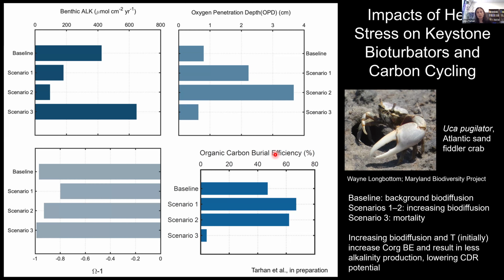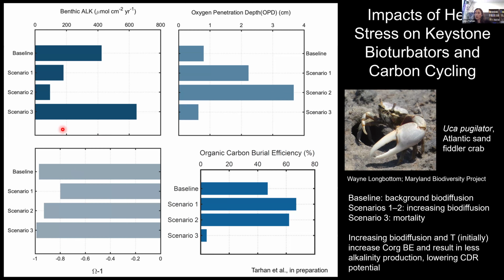And that has the effect of making less organic carbon available for respiration, but also increasing the importance of aerobic respiration pathways, which results in a shift to more carbonate undersaturated conditions and less alkalinity generation.